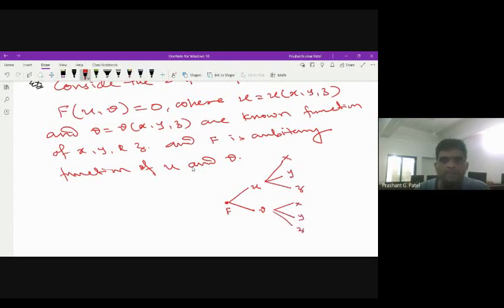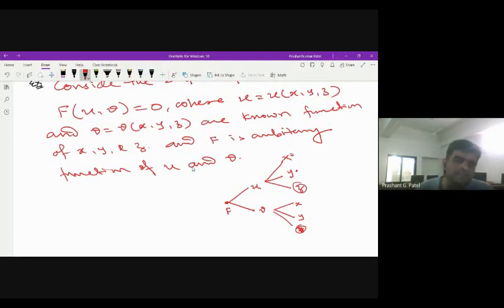But z is a dependent variable, so z depends on x and y. So u is a function of x, y and z, but among that x and y are the independent variables, and z is a dependent variable which depends on x and y.